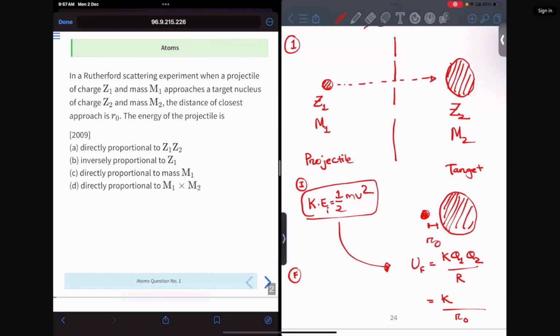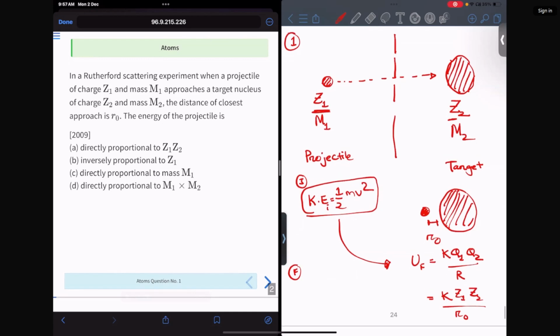If it has a charge of Z1, Q1 is Z1 and Q2 is Z2. So kinetic energy is now equal to K Z1 Z2 upon R naught.